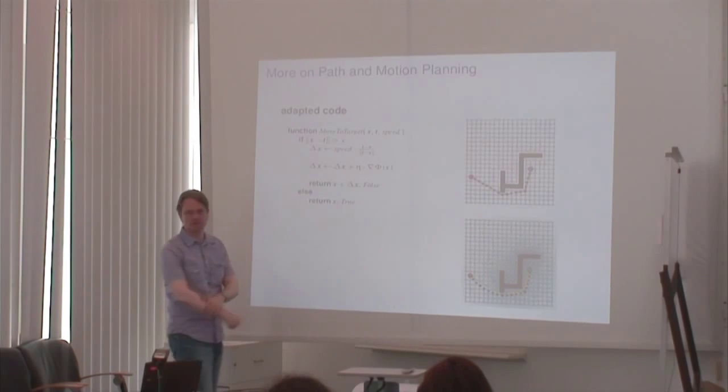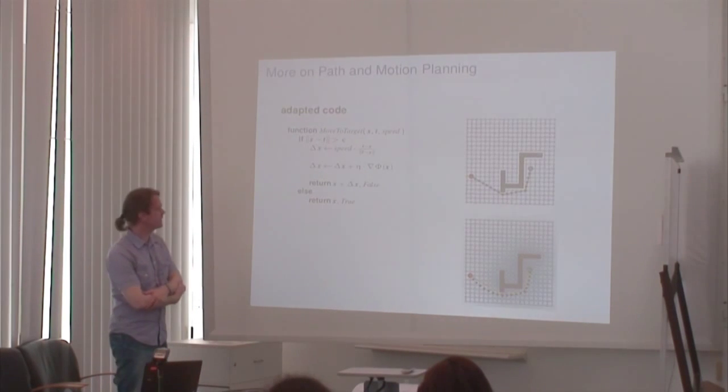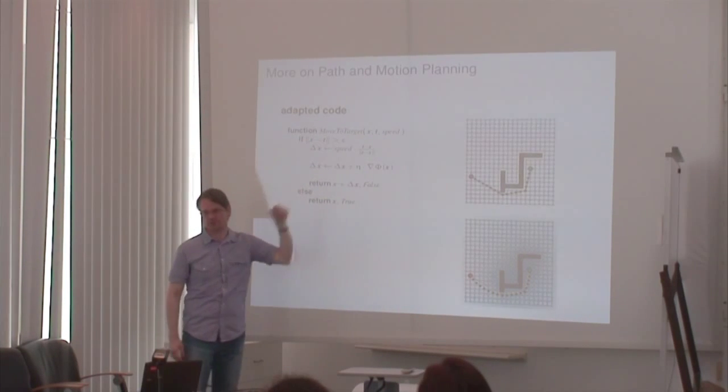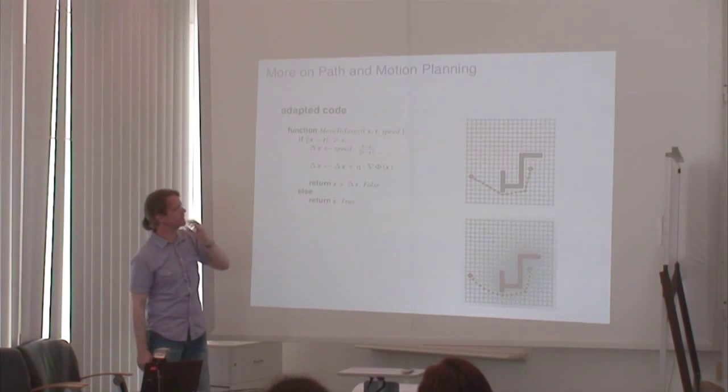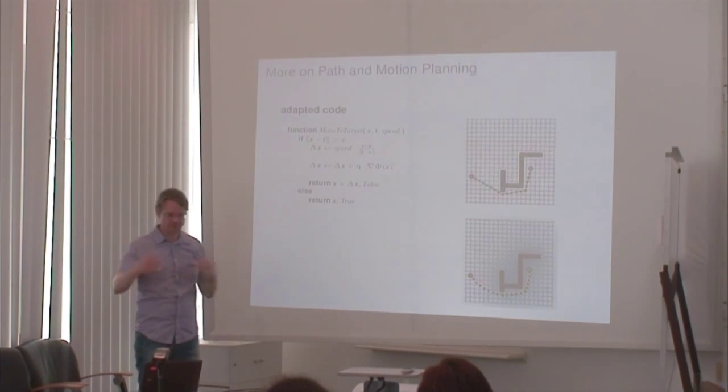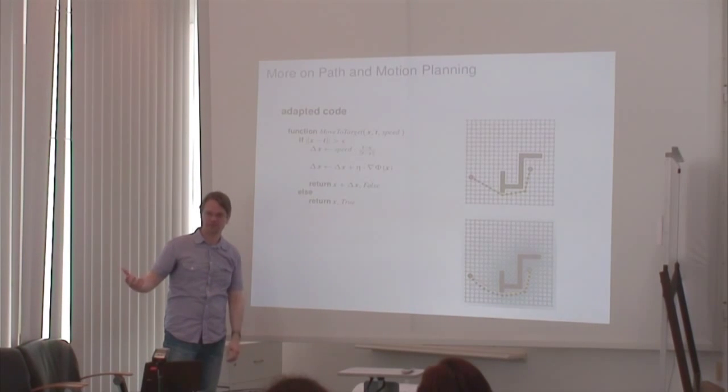If we use these ideas of force fields, we can adapt ever so slightly our code for motion generation, and that basically boils down to that we have to adapt this computation of this offset vector, this delta vector, delta x.